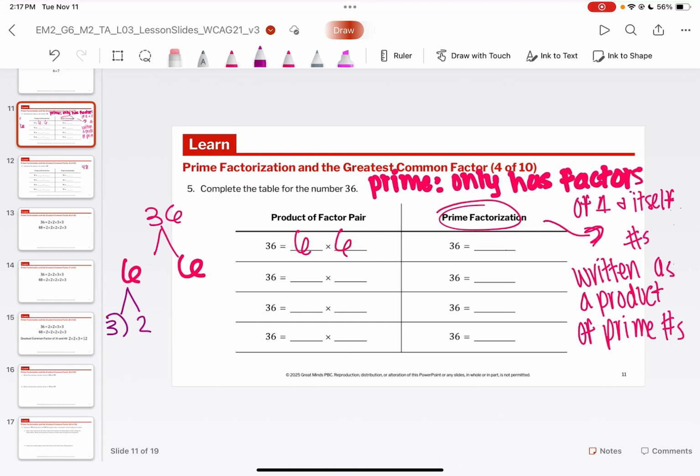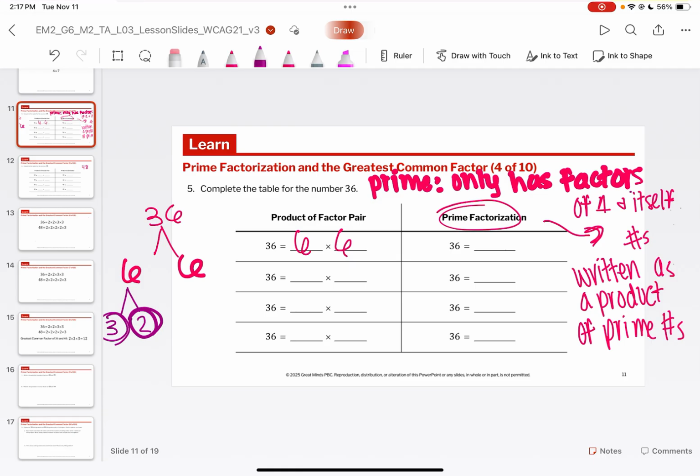A good trick is just to memorize that 3 is a prime number. Is 2 going to be a prime number? Yes, because the only two numbers I can multiply to get 2 are 1 and 2. Do I have any more numbers on this side that are not prime?